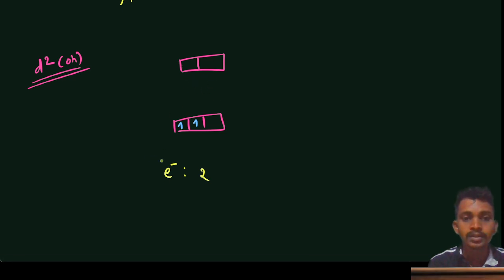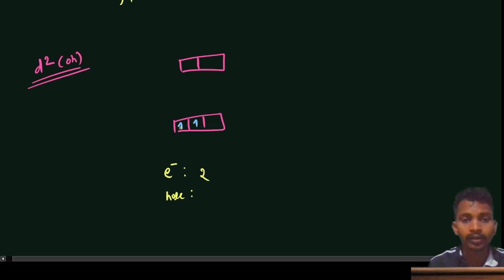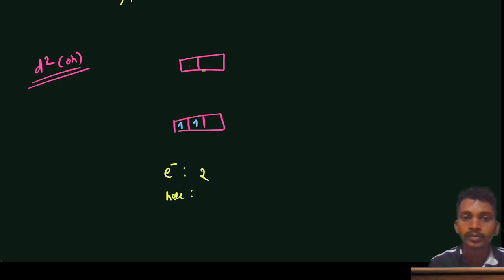And for holes, how many are possible? 1 and 2, so two holes are there. So we can do either electron transitions or hole transitions, because in both cases there will be no problems.